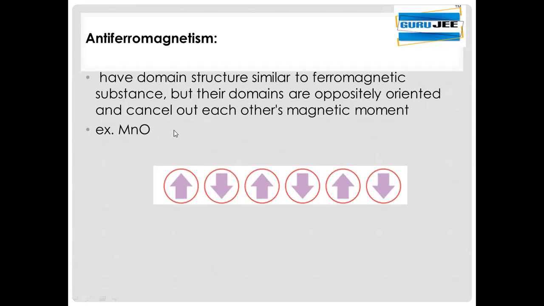Ashna, you just note down the example for antiferromagnetism. And note down that domains are oppositely oriented and cancel out each other's magnetic moment. Have you understood the spin of these electrons, Harshada?